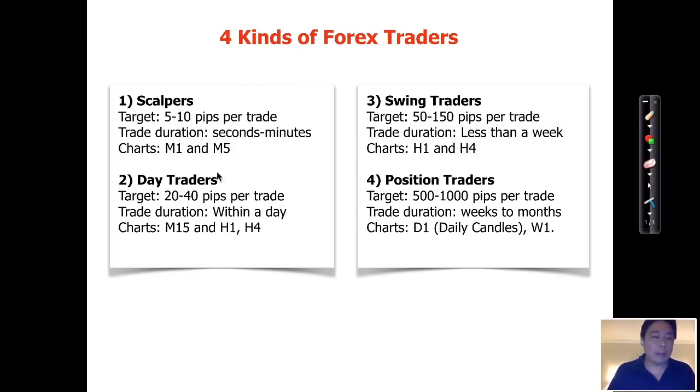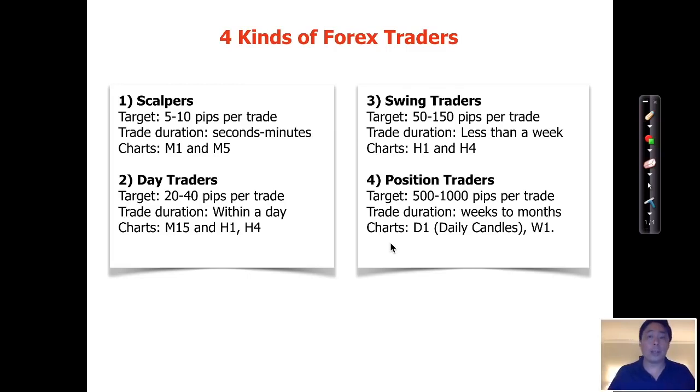Next, you've got day traders. And day traders, as the name implies, buy and sell within the day. The trade rarely passes over to the next day. By the end of the day, they close the trade. Normally, day traders would do maybe 2-3 trades a day, whereas swing traders take about a couple of days to close a trade, so they may not take as many trades.